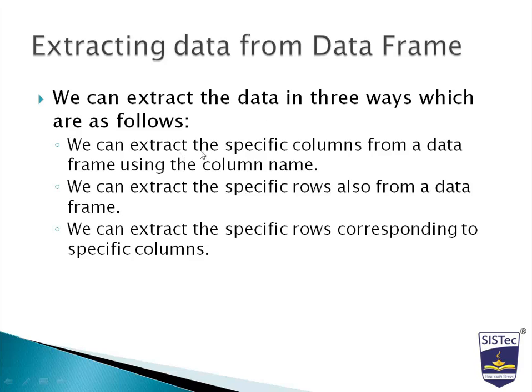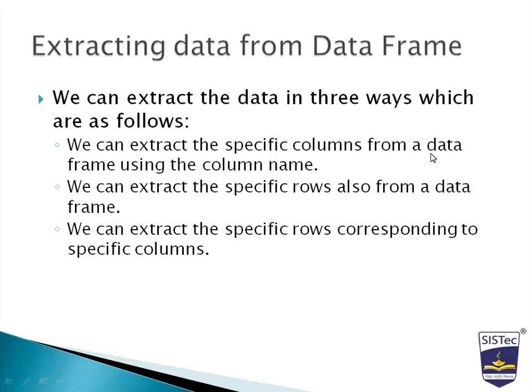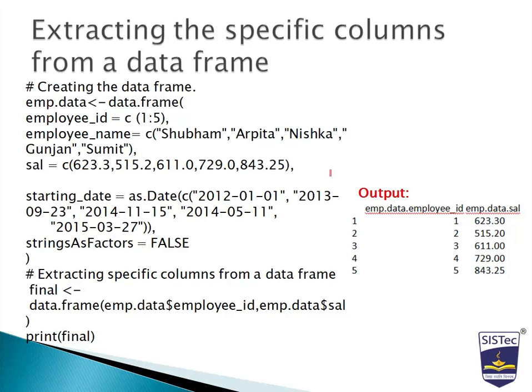First, we can extract specific column data from a data frame using the column name. Then we can extract specific rows from the data, then extract specific rows corresponding to specific columns. So first we discuss extracting specific columns from a data frame.